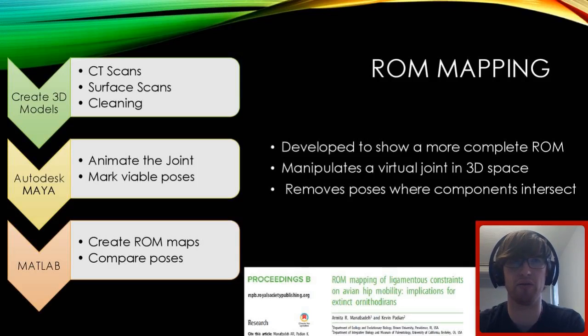So this is done using the workflow on the left, and the results are much better than a normal range of motion study, as they allow you to check the interaction between the different degrees of freedom throughout the joint, instead of just looking at one degree of freedom at a time as you move through the animations.